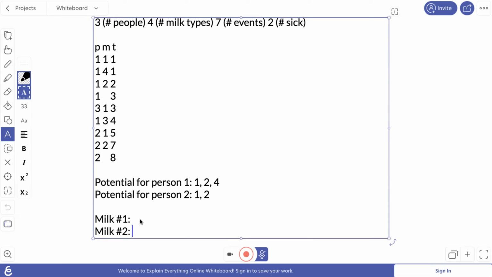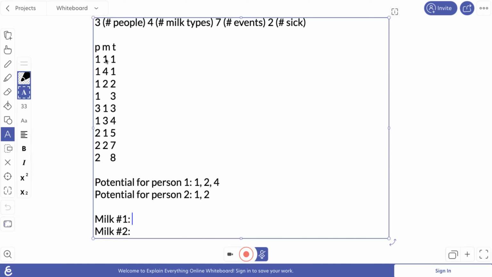So now, since we found the potential milk types, we have to go through the events again and look for people who got sick after the party, or people who just got sick overall. So whoever drank milk 1 is a possible sick person.